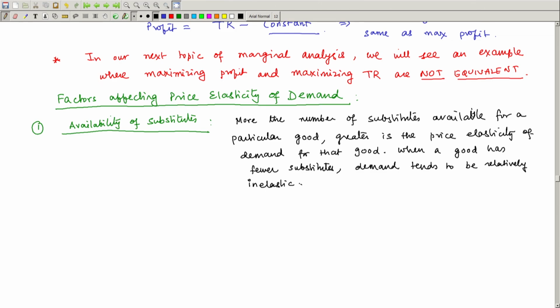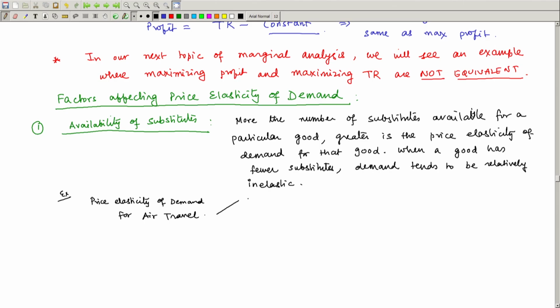Let me also give one more interesting example. So imagine that you are trying to compute the price elasticity of demand for air travel. And let's say you are trying to compute the price elasticity of demand for air travel for two groups of consumers.